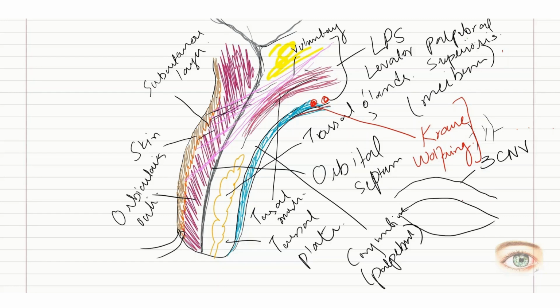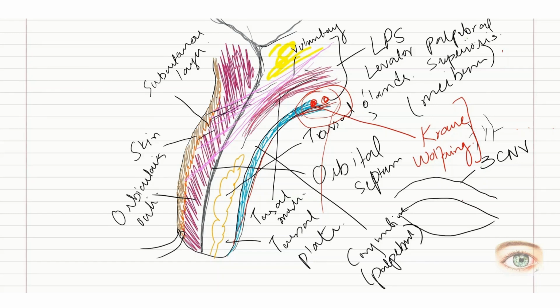And these two glands, Krauss and Wolfram, are responsible for the aqueous layer of the tear film. So these two glands are present in the fornix of the conjunctiva. We have three types of conjunctiva: the palpebral conjunctiva, the fornical conjunctiva, and the bulbar conjunctiva, which comes onto the globe, or eyeball, right?